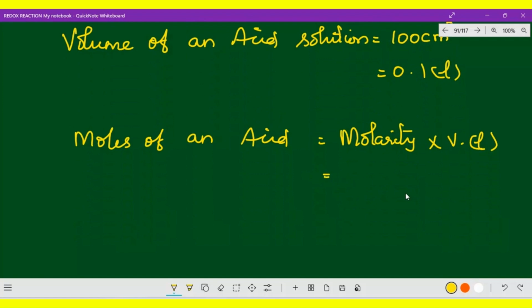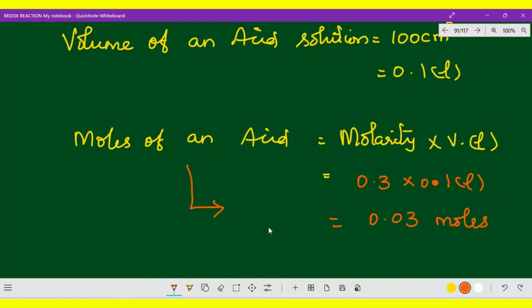So that is 0.3 into 0.1 liter. We will get 0.03 moles. So the number of moles of the acid we also found.